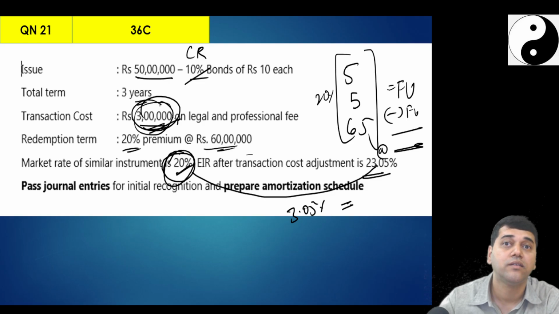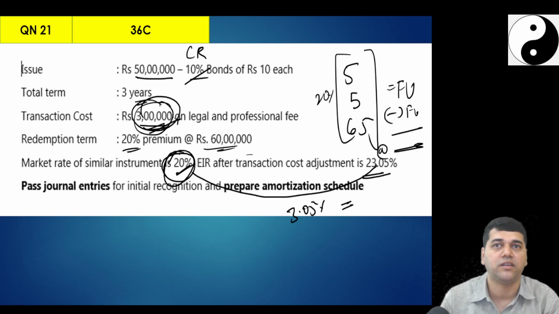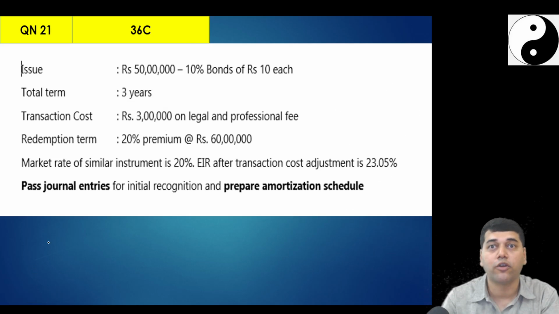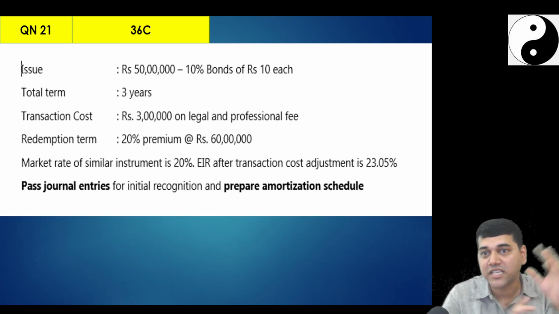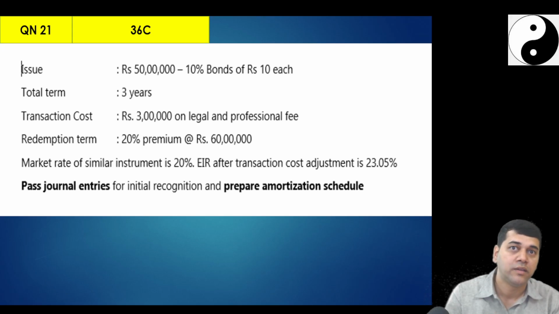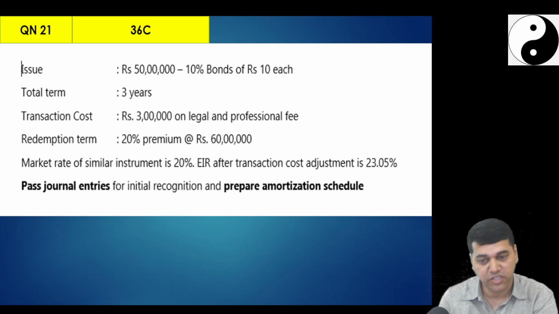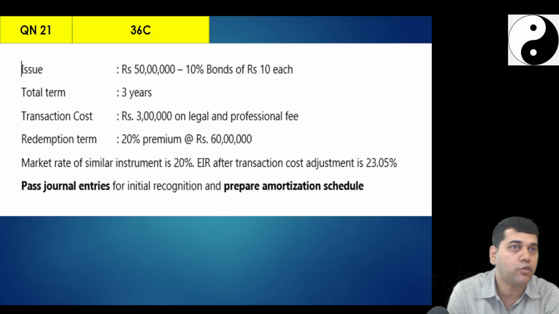That is a financial transaction decision. See, we are not concerned. We are accountants here. Should I take this loan or not? That we in AFM have to discuss. There are financial metrics that will come. Which loan is better? If I take this loan, how much is my total cost, versus if I take that loan, how much is my total cost? Whichever is low, I will go for it.